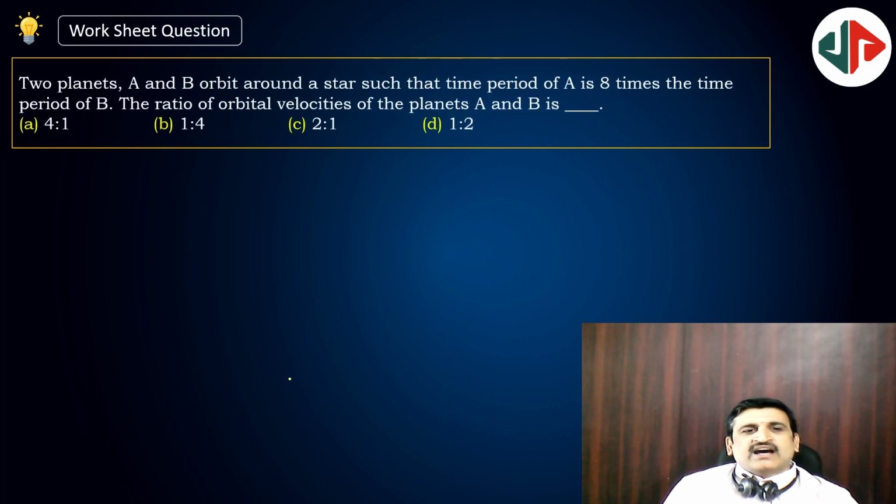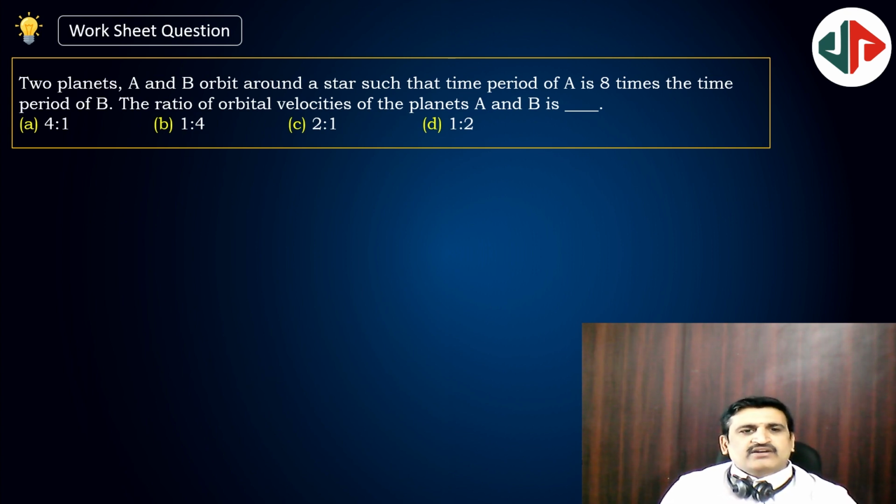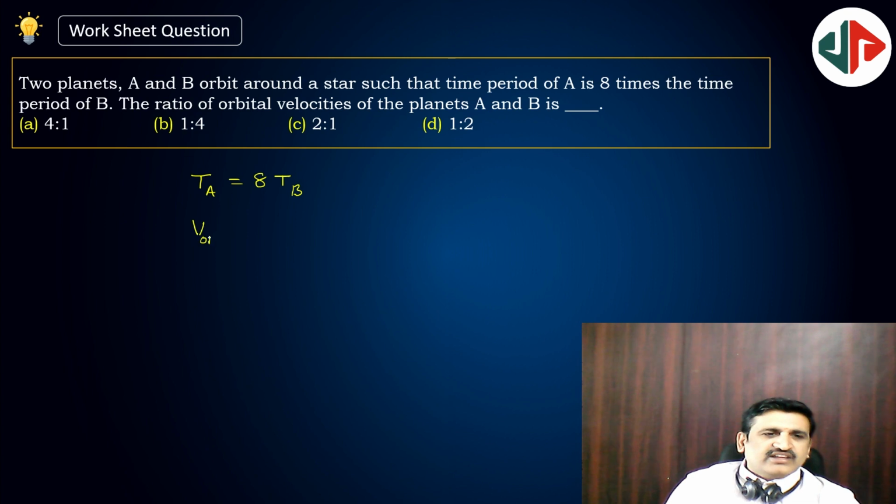Two planets A and B orbit around a star such that the time period of A is 8 times the time period of B. The ratio of their orbital velocities, V naught A by V naught B, is?